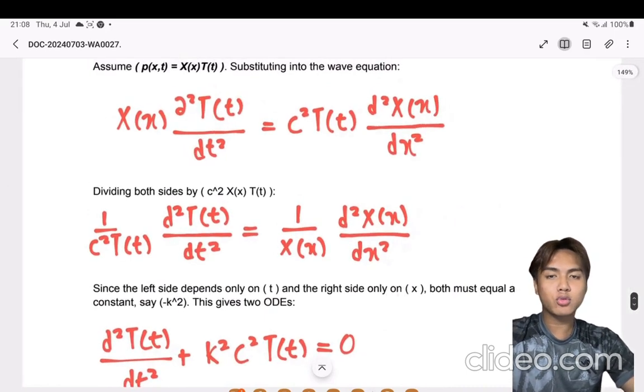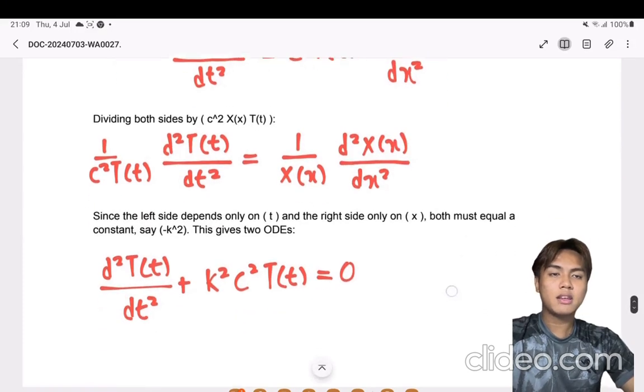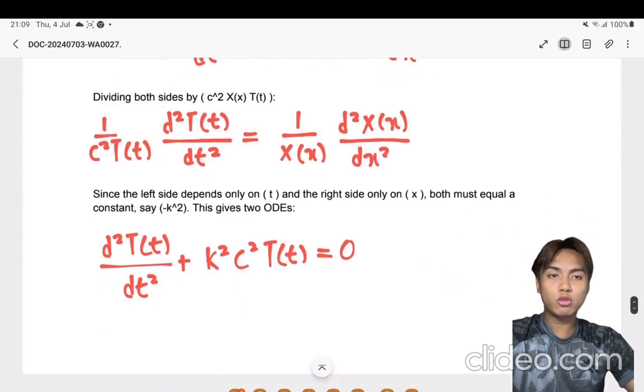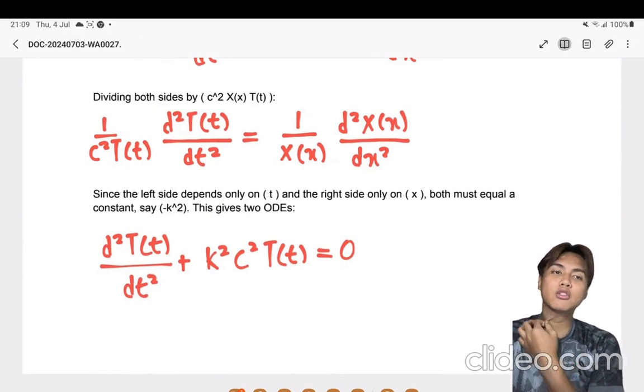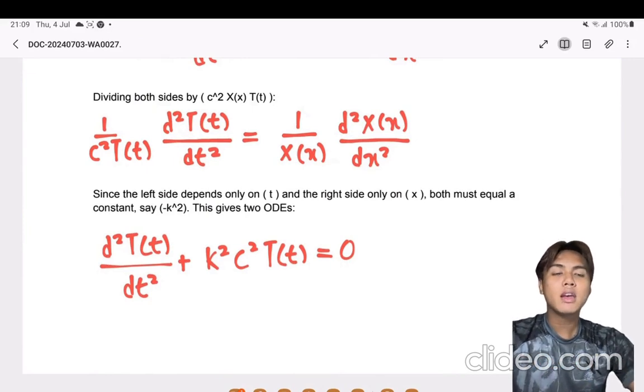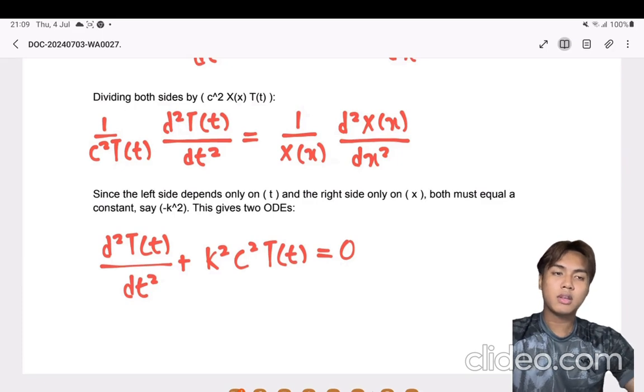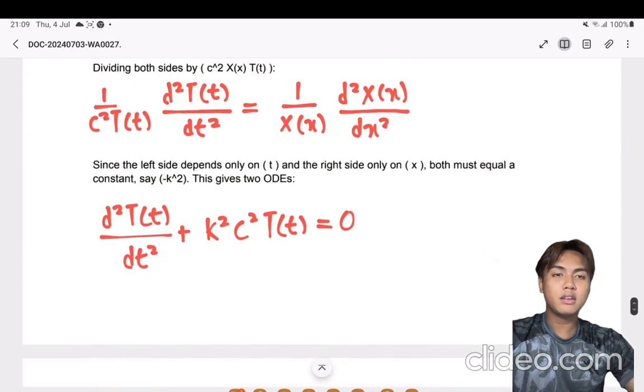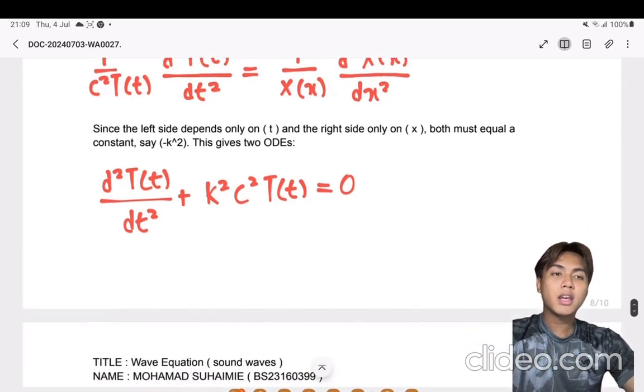This gives two ODEs, which are d squared T over dt squared plus k squared c squared T equals 0, and the spatial one. The solution to these ODEs are T(t) equals A cos(kct) plus B sin(kct).